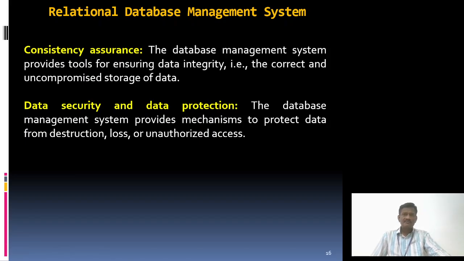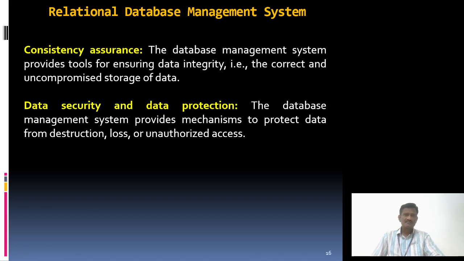Another important role of RDBMS is to ensure data integrity. Data must be accurate and reliable. So this can be provided by consistency assurance property. Next is security. Only authorized users can access or modify data. It never allows unauthorized users. Unauthorized users are not able to enter the database without proper username or password.